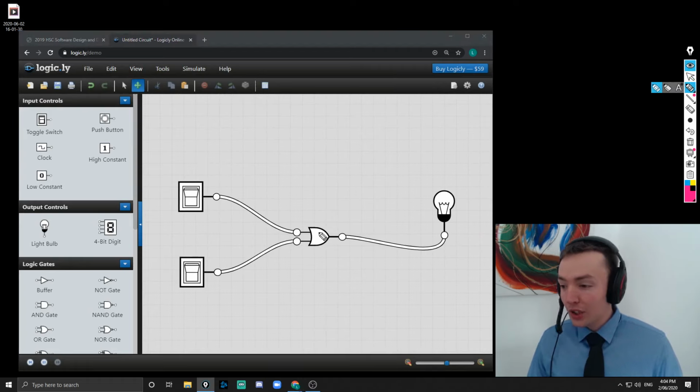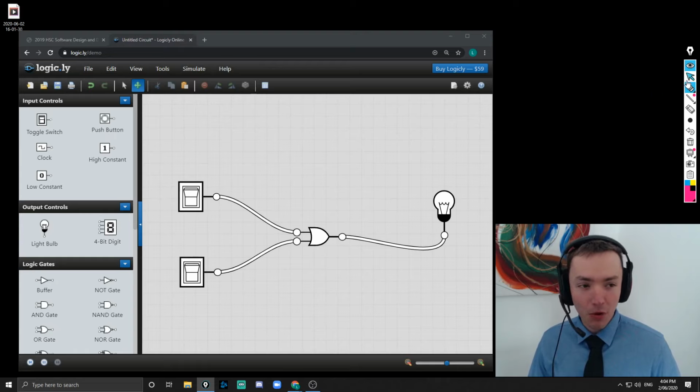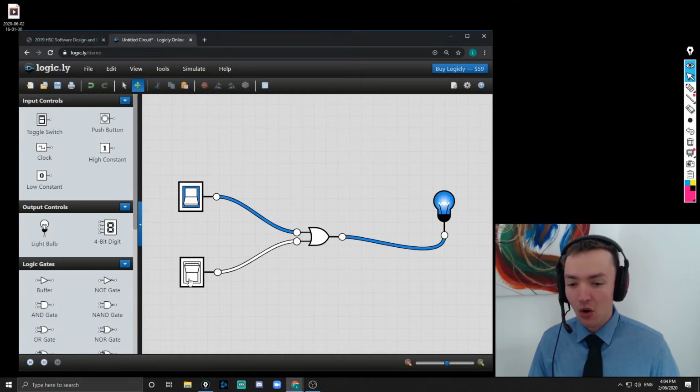The OR gate looks like a little spaceship, and all this little spaceship does is, if we put one of these switches on, it'll pass through the connection. So either that or that. We'll turn the first one on, the light bulb goes on, we turn that switch off, we turn the second switch on, the light bulb also goes on.